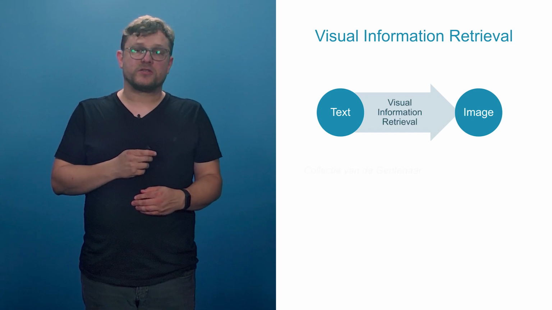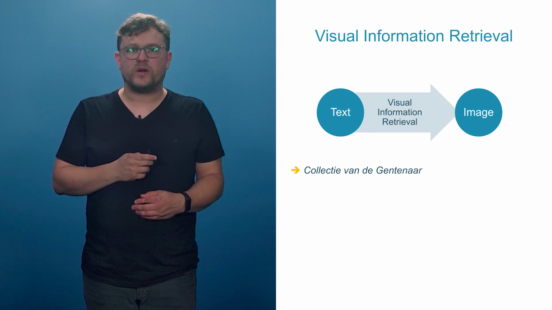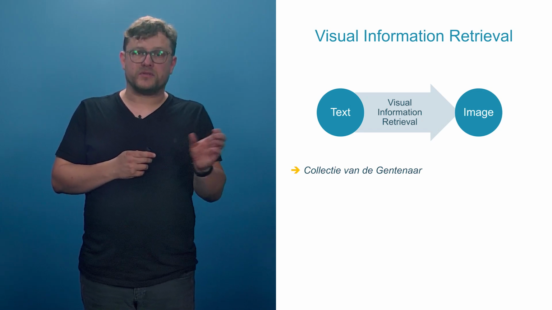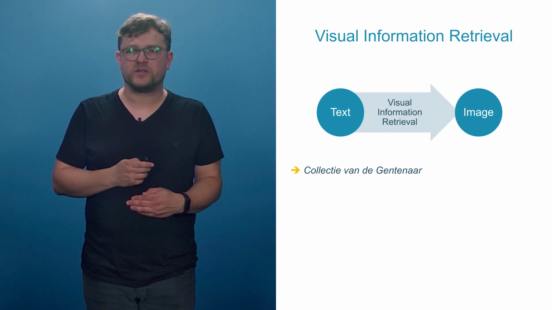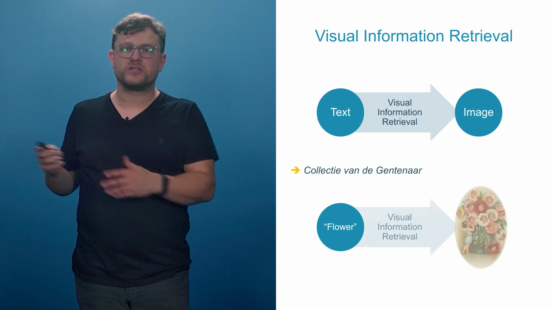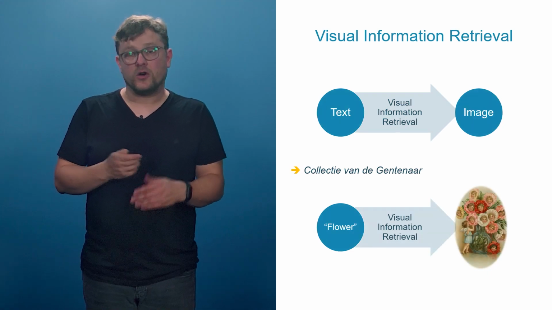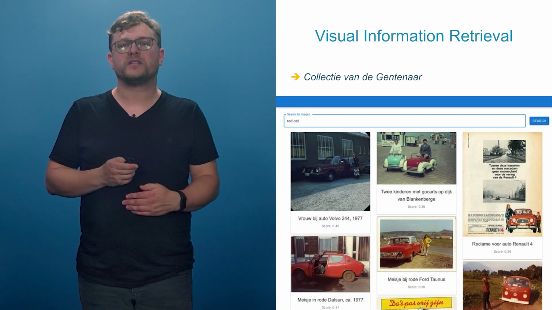In a project called Collectie van de Gentenaar, we built a system like that, where a user could input a word and retrieve images that are similar to that word. One example being we queried for flowers and we got all sorts of images related to flowers. Or similar, we queried for a red car and we got only red cars.